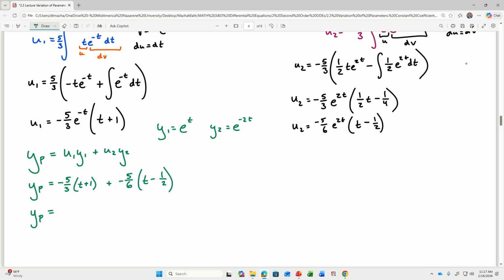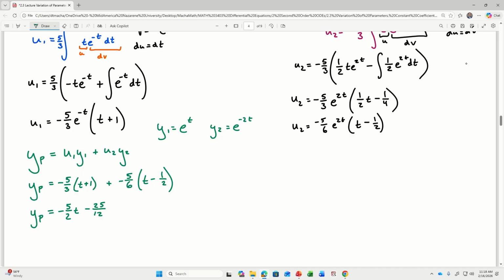That would be like negative 5/2. We'll call it negative 5/2 t. And then the constants would be like negative 5/3 minus 5/12, which is like negative 20 twelfths, minus 5 over 12, which is like negative 25 over 12 or something like that.